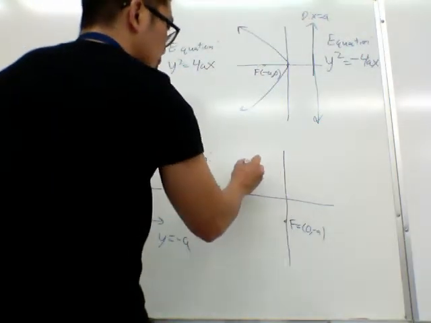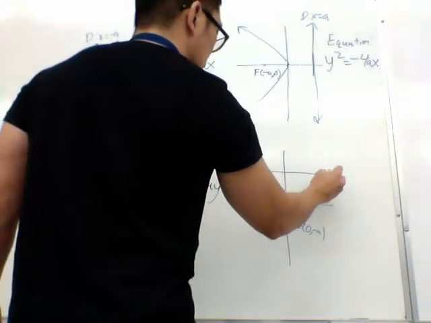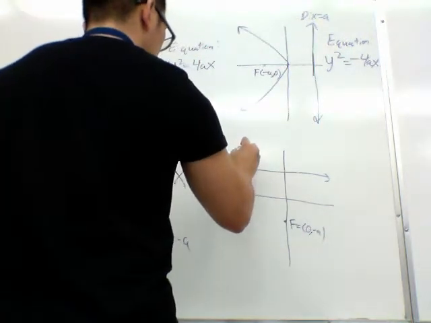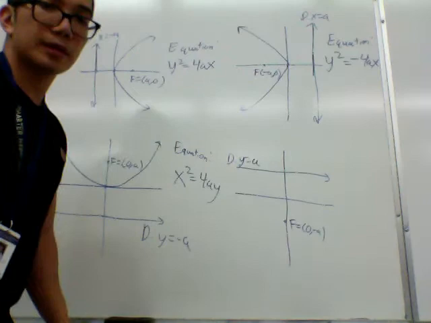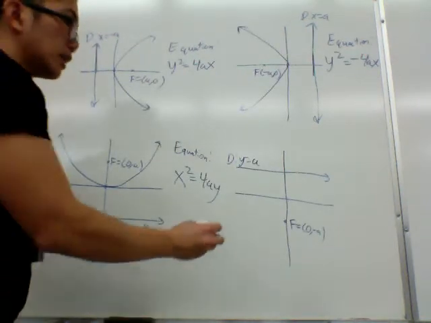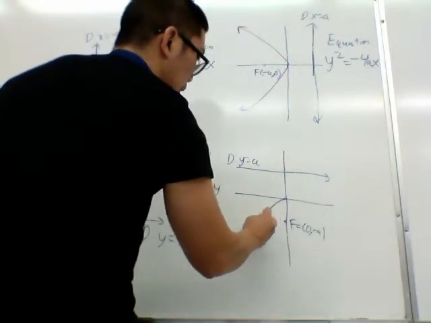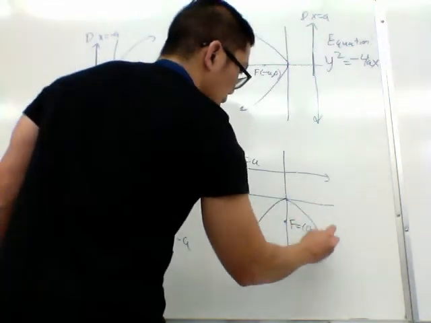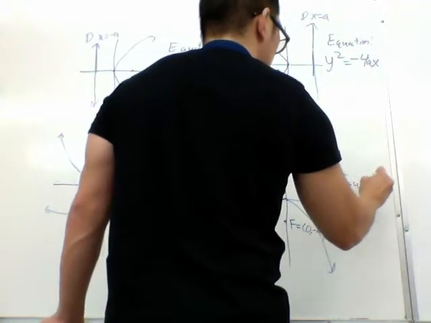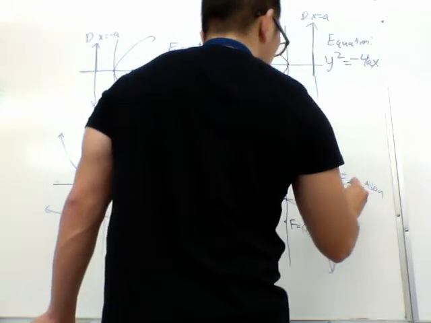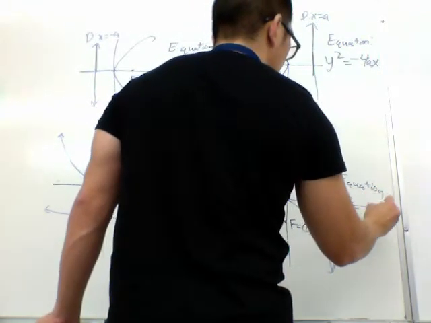And your directrix is at y is equal to a. And so this one is the one where your parabola will open down. And so your equation is the same as the equation on the left, and it's x squared is equal to negative 4ay.